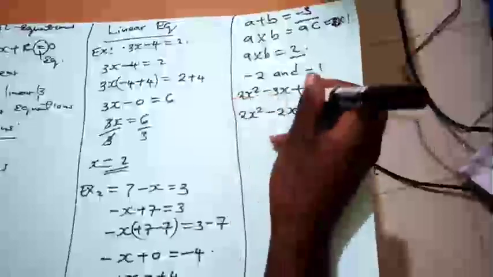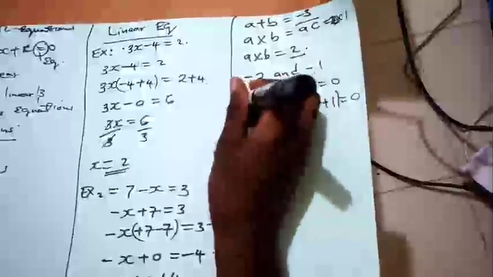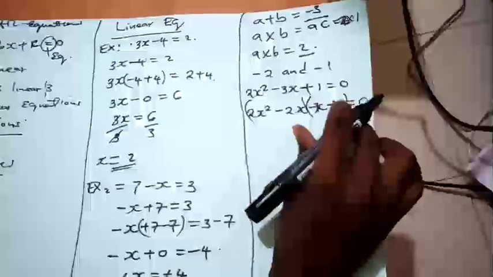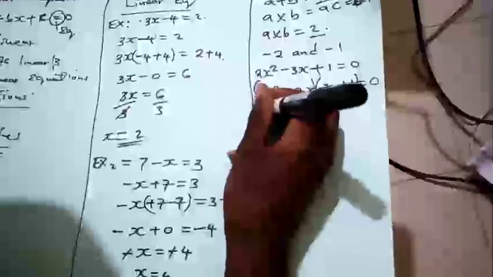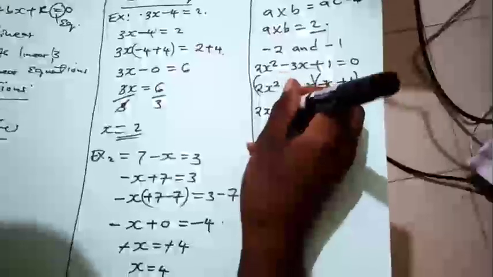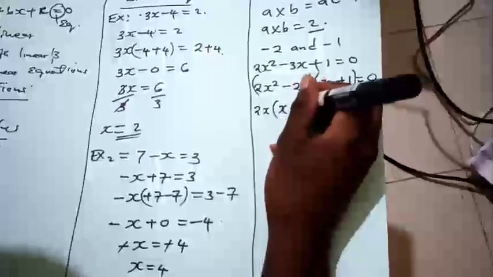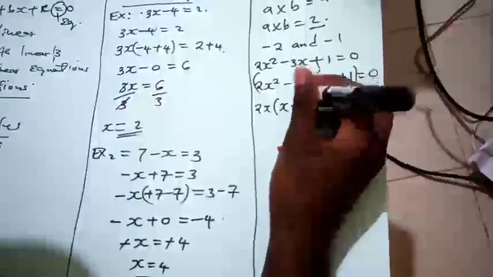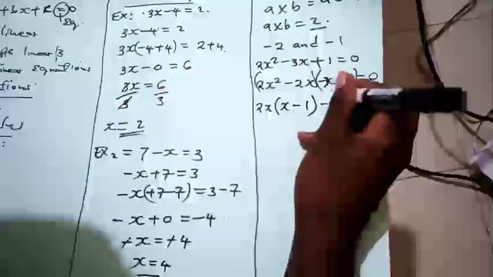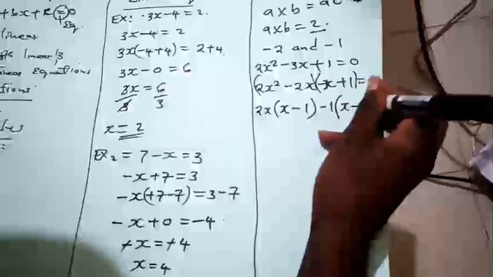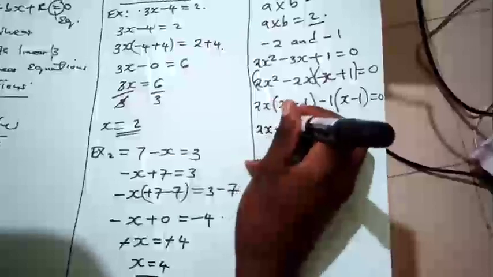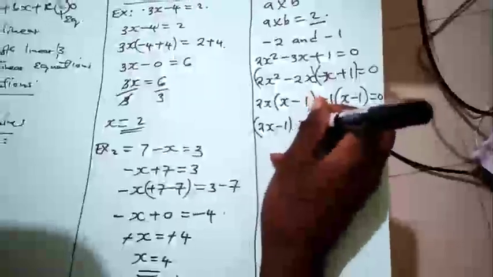So we can factorize out the different parts of the equation. We are going to have 2x into x minus 1, and then we are going to subtract 1 into x minus 1 equals 0. So we have 2x minus 1 and x minus 1.